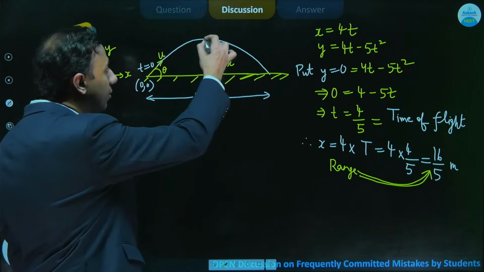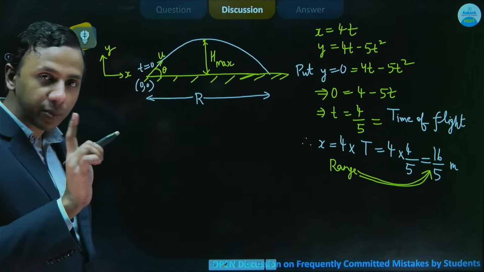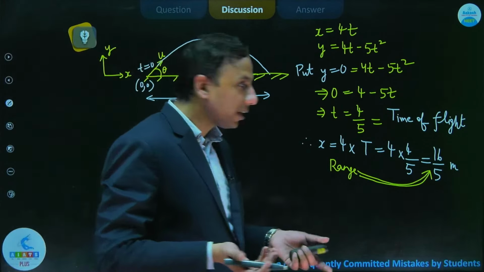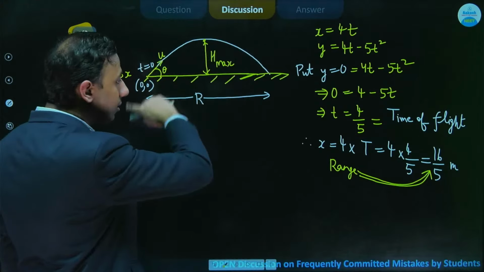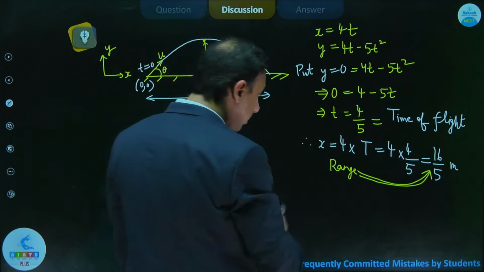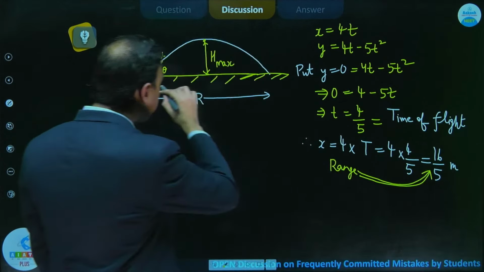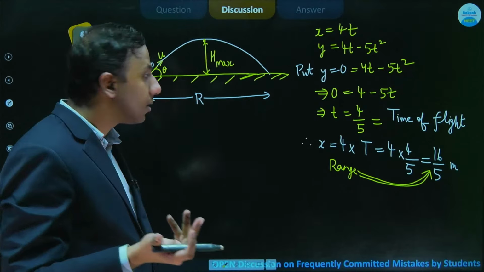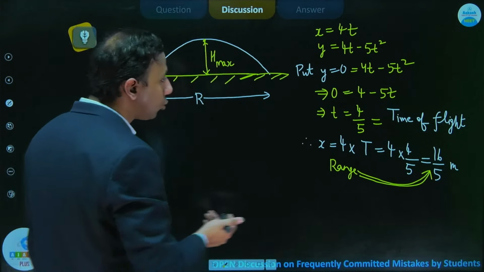This is the point at which it is at maximum height. So how much time will it take to reach over there? Half time. If total time taken is 4/5 seconds, then to reach maximum height it will take 2/5 second. So here t is equal to 2/5.